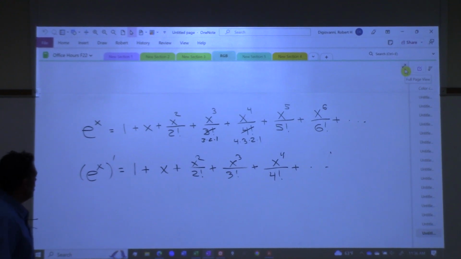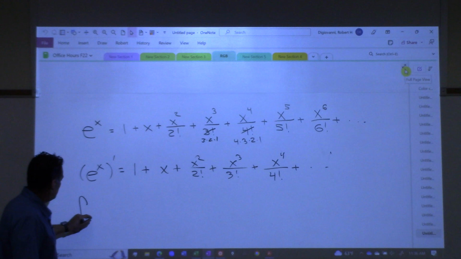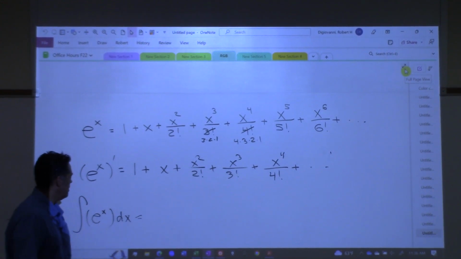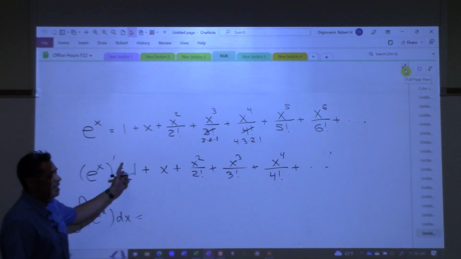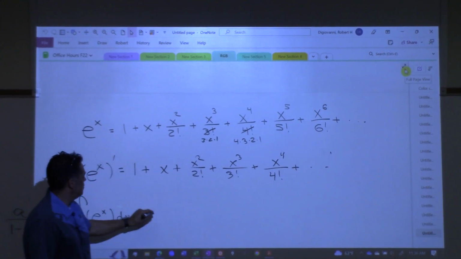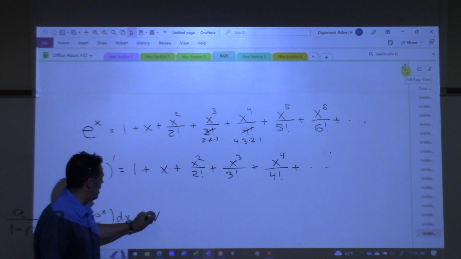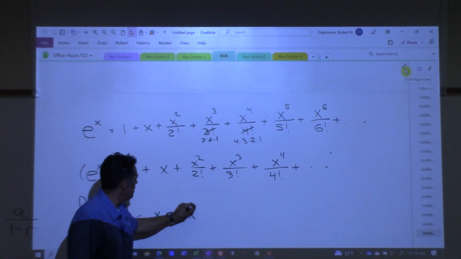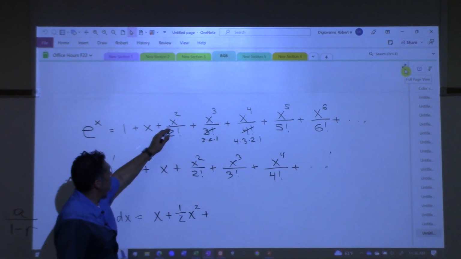Right? What if you wanted to integrate it? What's the antiderivative of e to the x? Yeah, it's e to the x plus c, right? So let's start taking the antiderivative. What's the antiderivative of that? x, okay. What's the antiderivative of that? 1/2 x squared, right? What's the antiderivative of that?